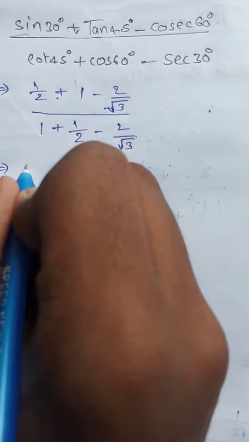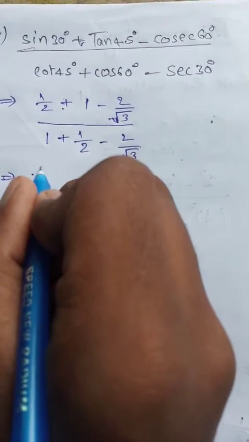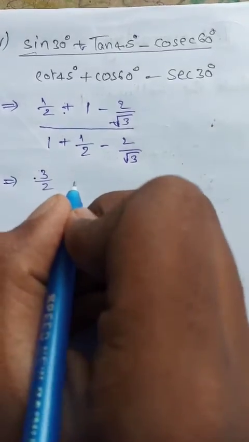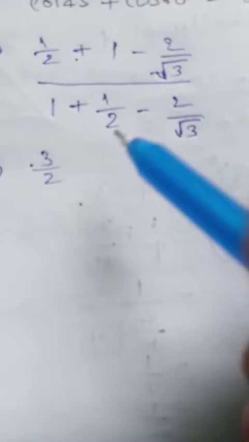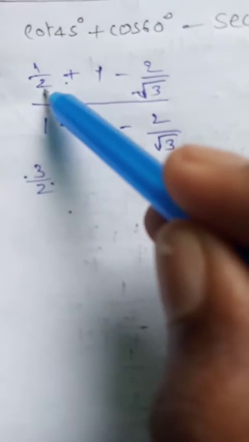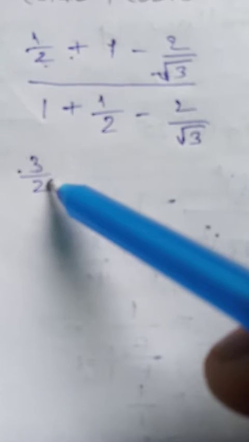After that, 3 by 2. How did I write this? Are you understanding? I wrote 3 by 2 because 2 ones are 2, 2 plus 1 is 3, so 3 by 2. This is a mixed fraction, I converted it into the usual fraction.